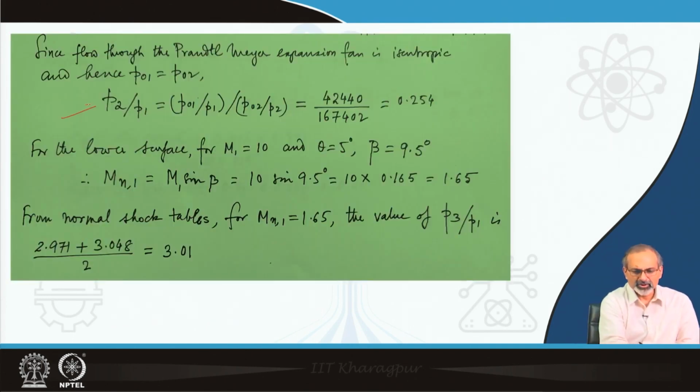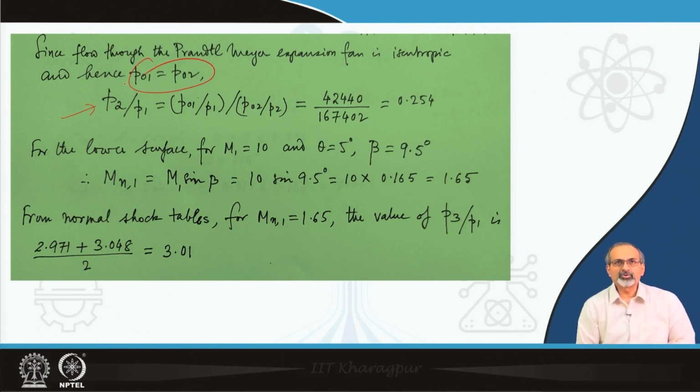When we take a ratio of those two values, we end up getting the static pressure ratio, because the stagnation pressure ratios are conserved across the expansion fan. The static pressure ratio comes out to be this.